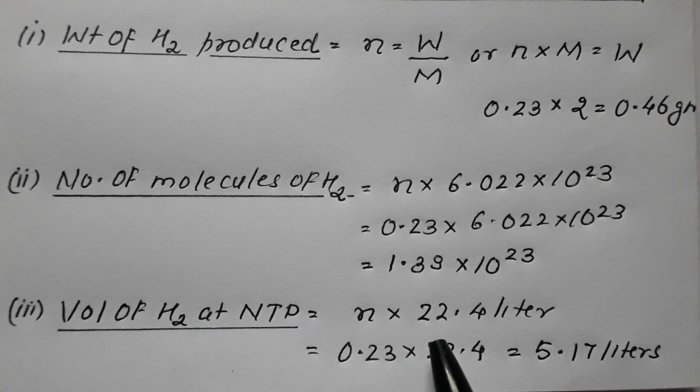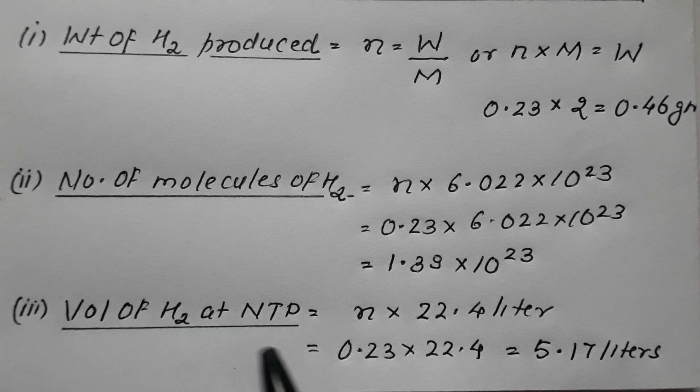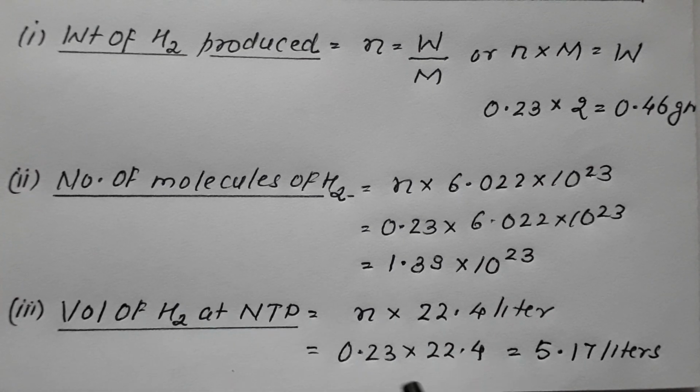So if the volume of 1 mole is 22.4 liter, what would be the volume of 0.23? So the volume of hydrogen at NTP is 0.23 into 22.4 liter, and the value comes to be 5.17 liters.